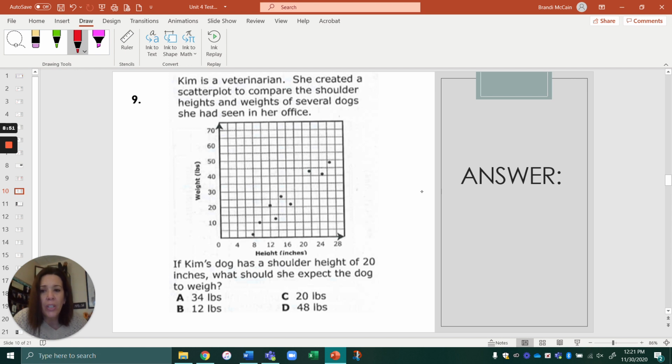Okay, so we're looking at 34 pounds, 12 pounds, 20 pounds, or 48 pounds. So we're looking at this data here, and the dot that goes through our data is this one right here at 34 pounds. So that's our answer A, 34 pounds. Okay, that's how you're going to do those.